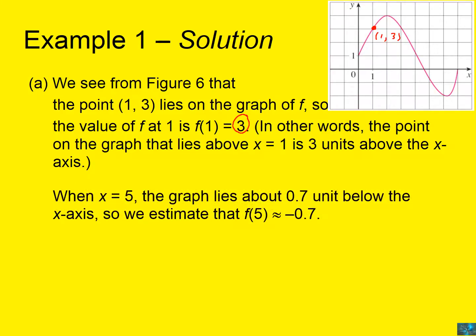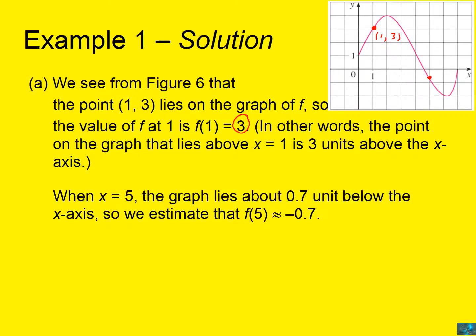When x equals 5, what is y? 2, 3, 4, 5. Well, it's hard to tell exactly what it is. We know it's between 0 and -1. Between -1 and 0.